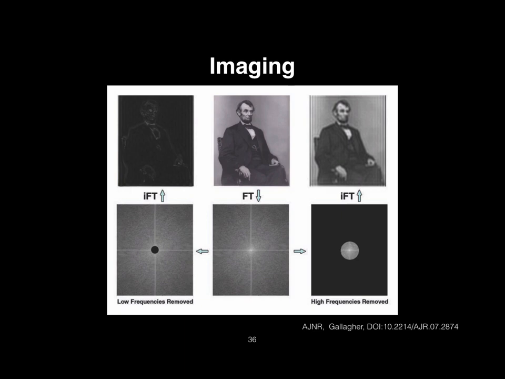So now you can maybe start to see why some of these things may be limited, because gradients are limited in how far we can push them, so you have to spend more time if you want more resolution. So in order to get something at the appropriate resolution and field of view for experiments, we always have to play a balance between what our scanners can do and what kind of K-space coverage you need.